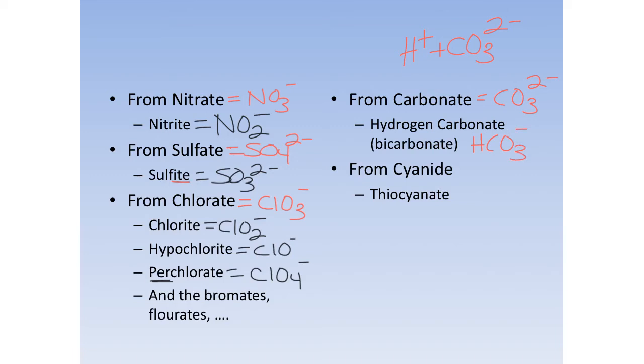So now it's going to be HCO3 minus because we're doing the H plus ion and the carbonate ion. And then cyanide, CN minus, and thiocyanate has the sulfur atom in there. And this one here, we don't really have to memorize, but it does show up, so it is nice to know. But the rest of them we do certainly need to know.